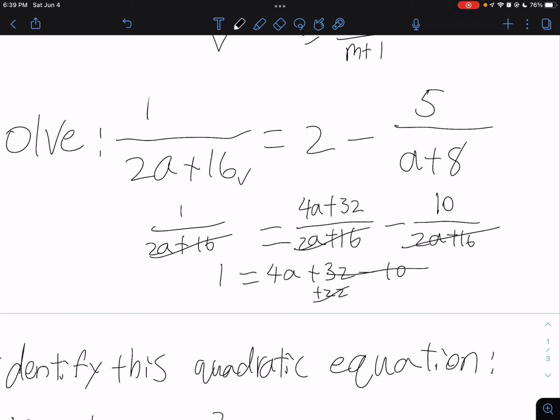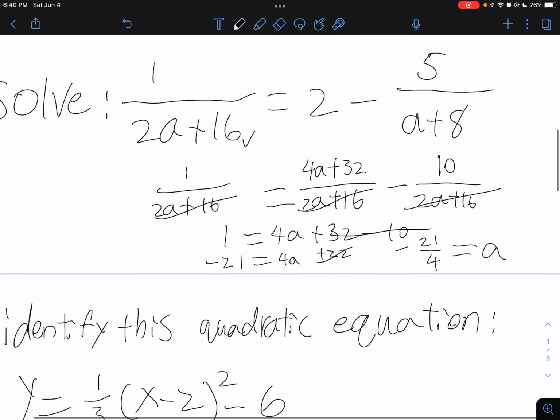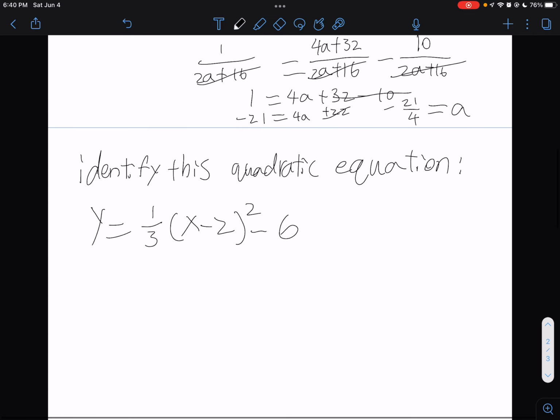Then we get rid of the 22, so we subtract 22 from the right side, and we get negative 21 equals 4a. And so we can see that a equals negative 21 over 4. Bingo. Now moving on to the next question.